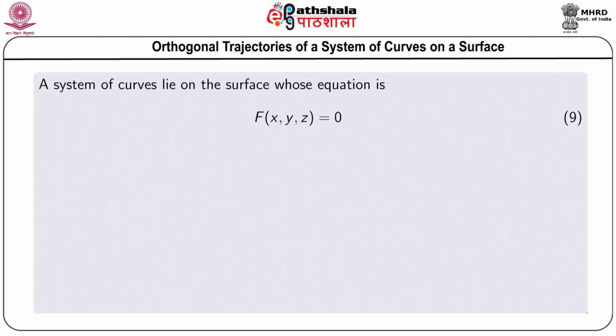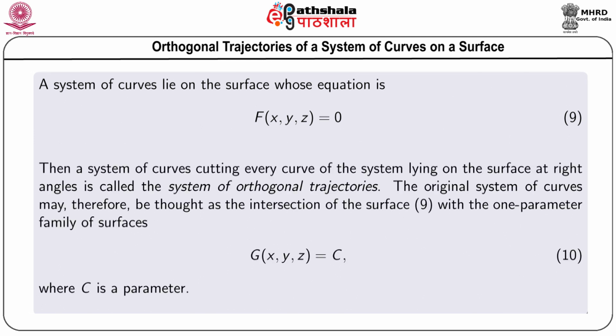Suppose the equation of a surface is given by equation number 7, f(x, y, z) equals 0, and there is a system of curves on this surface, and let the equation of the curve be given by equation 8 together with equation 7.